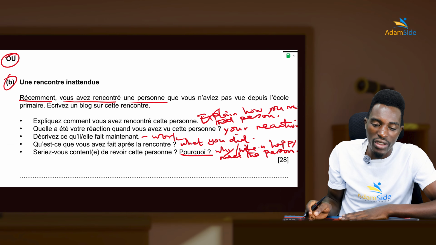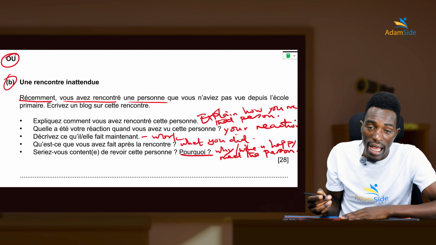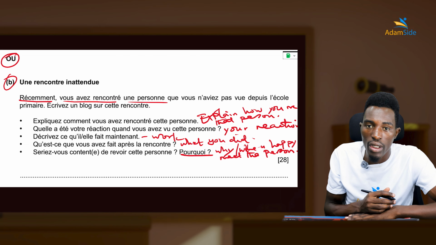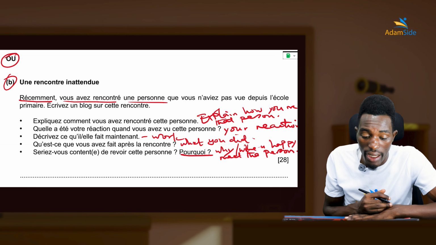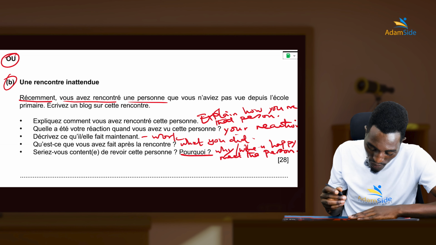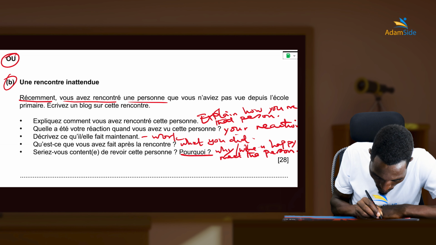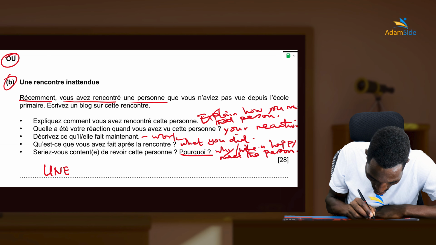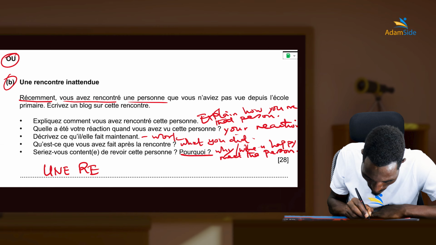What we have to start with when writing a blog is a title. So the title is Une rencontre inattendue. So we have to write the title here.